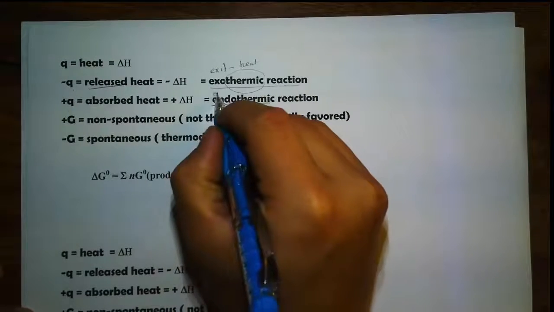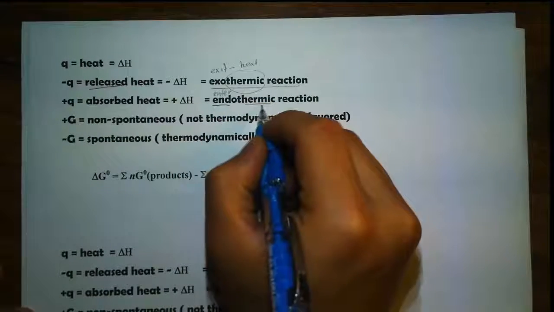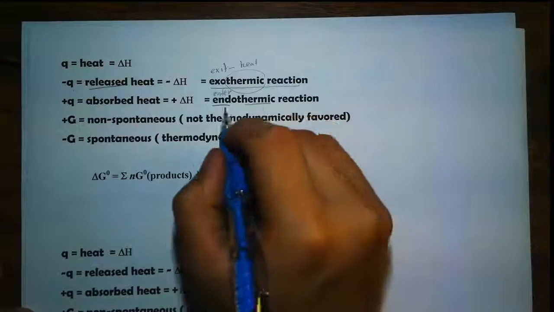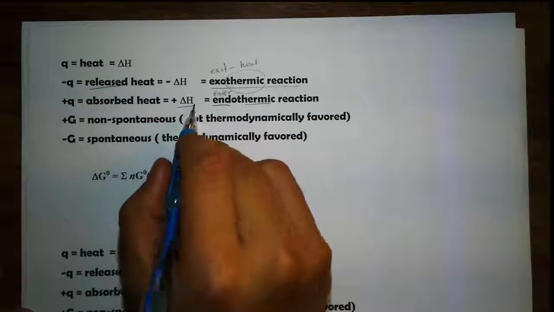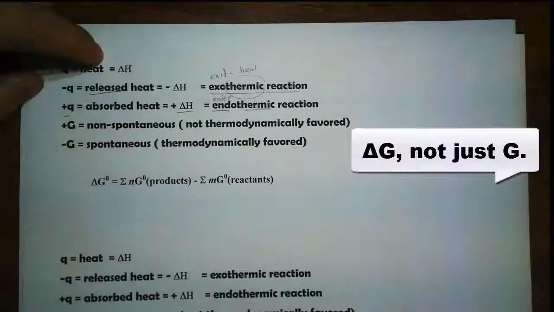Endo is for enter, so the heat enters the system or chemical reaction. So when you see endothermic, you will know right away it is positive delta H and positive Q.